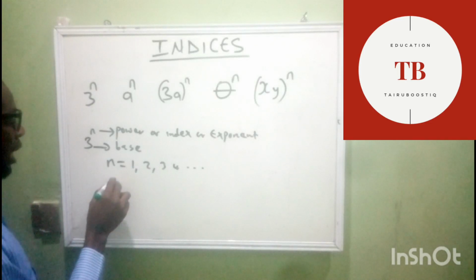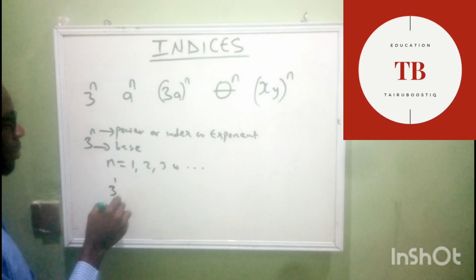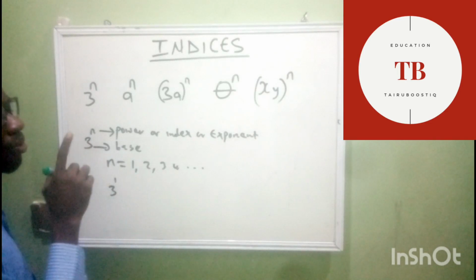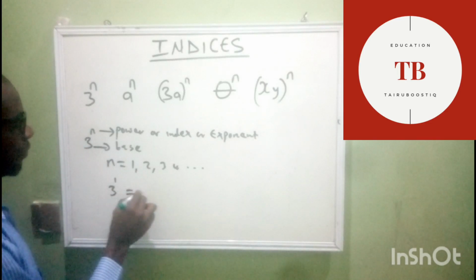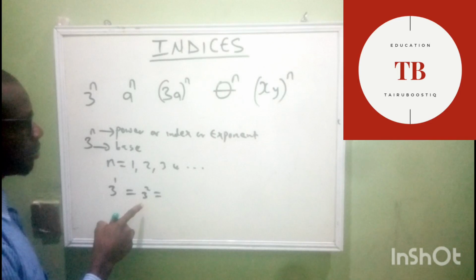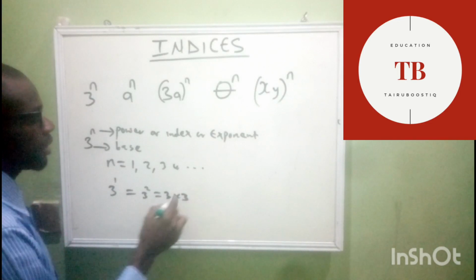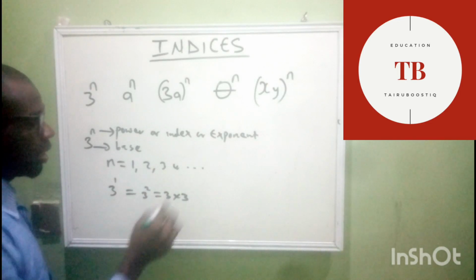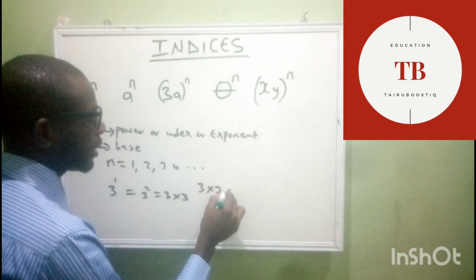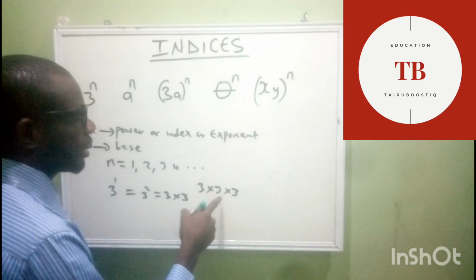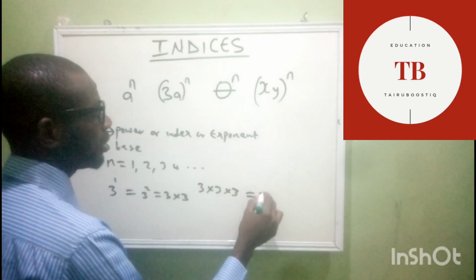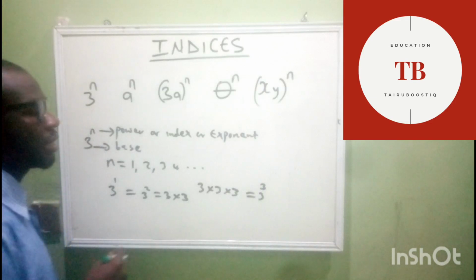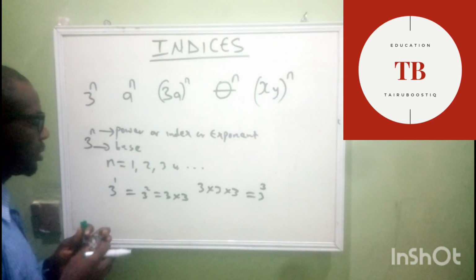If I have 3 raised to power 1, it means I have 3 only one time. If I have 3 raised to power 2, it means this 3 is multiplied by itself 2 times. If I have 3 raised to power 3, it means 3 times 3 times 3, so this 3 is multiplied by itself 3 times.